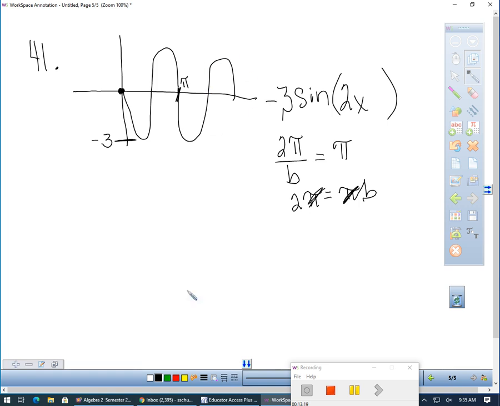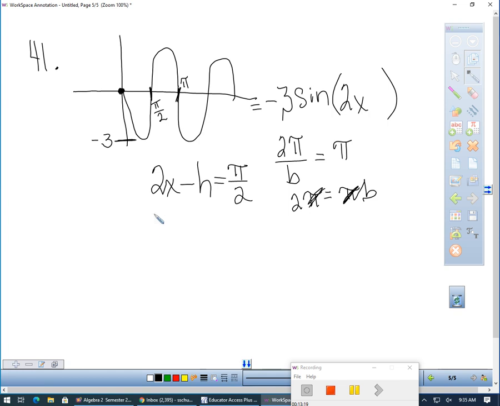So we need to figure out how to move it so it only moves to here, which is pi over 2, so that it starts up with a positive shift. Instead of it being negative here, we want it to be a positive 3. So if I have 2x minus h, I need that to equal a positive pi over 2.